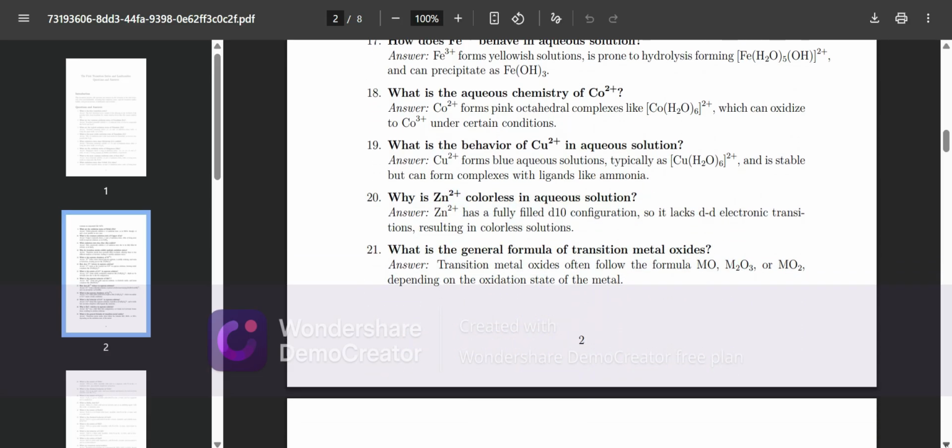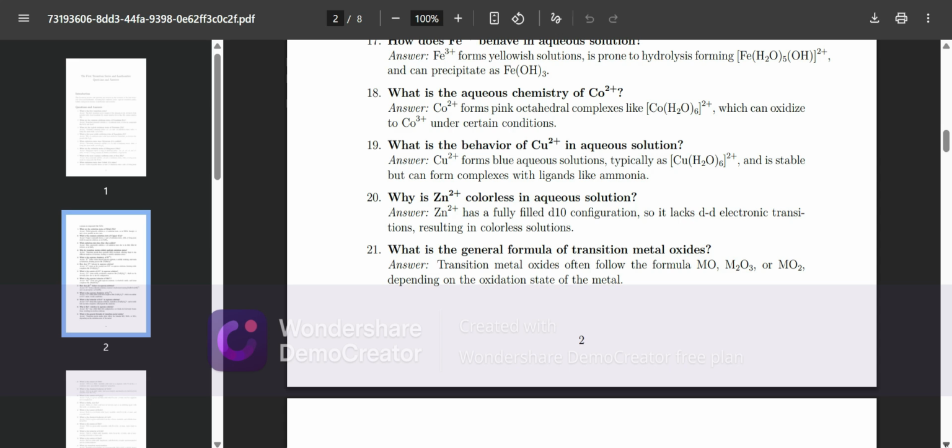What is the aqueous chemistry of Co2+? Co2+ forms pink octahedral complexes like [Co(H2O)6]2+, which can oxidize to Co3+ under certain conditions. What is the behavior of Cu2+ in aqueous solutions?